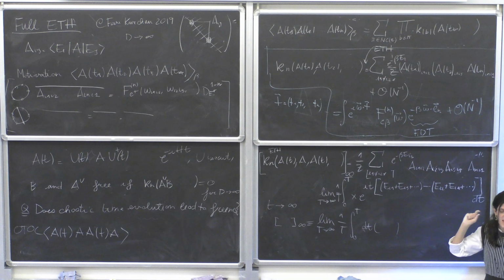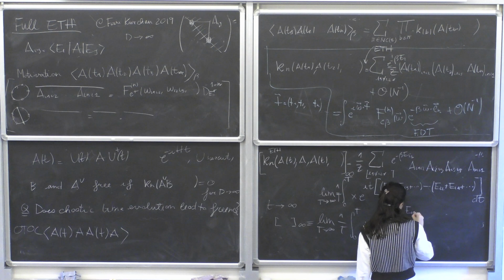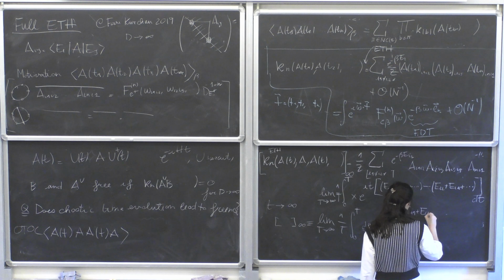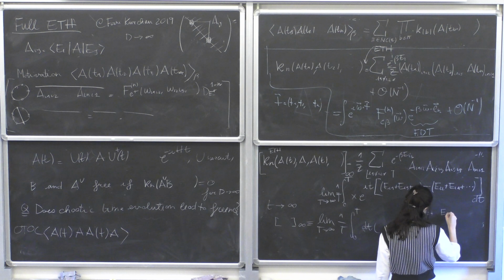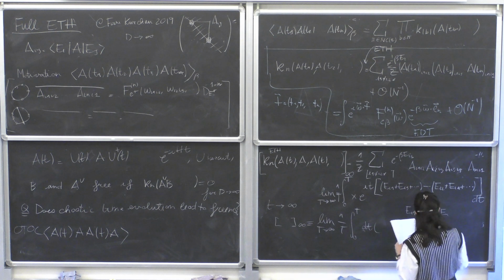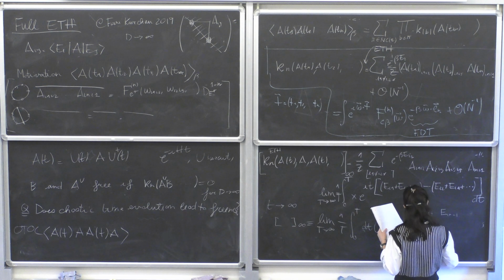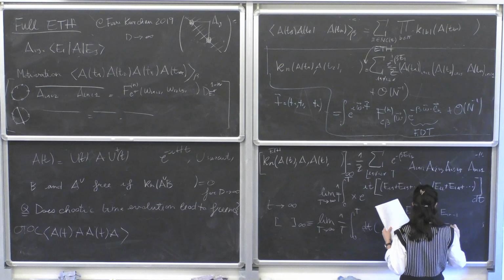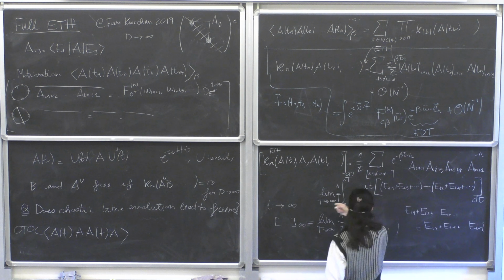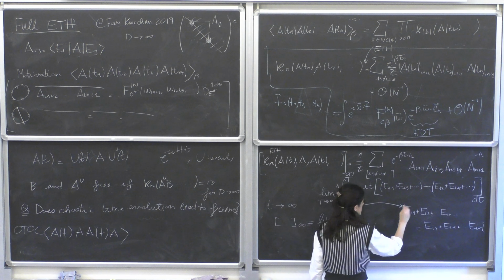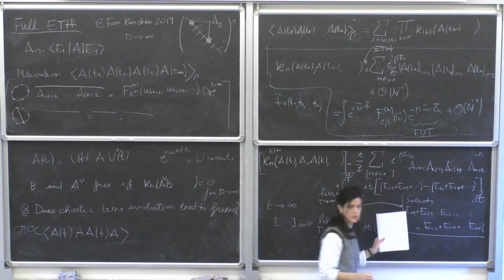So that basically to have EI1 plus EI2, so this infinite time average selects only this kind of contributions.